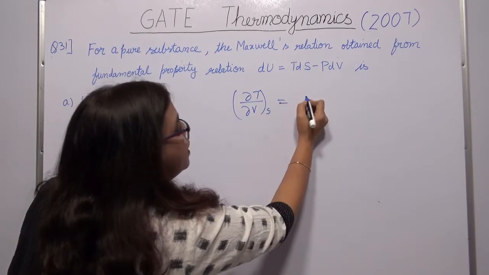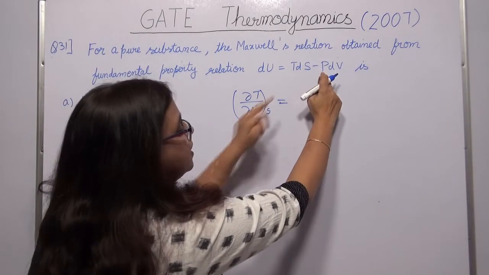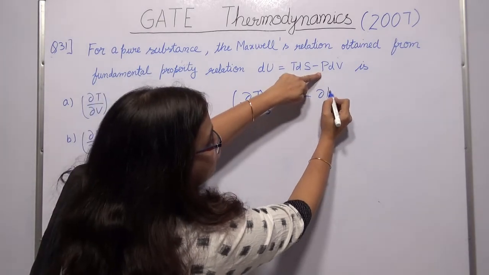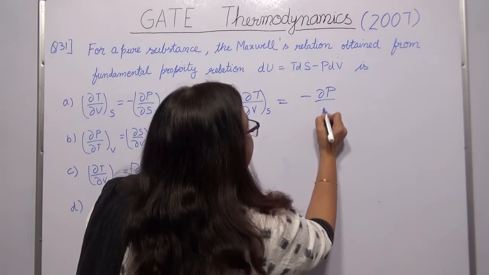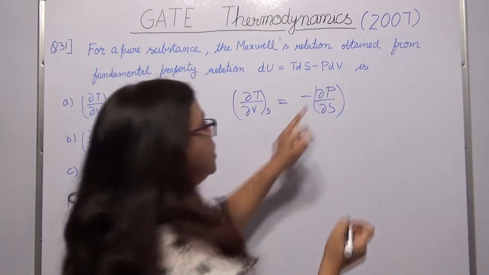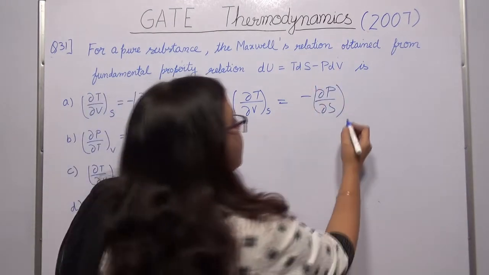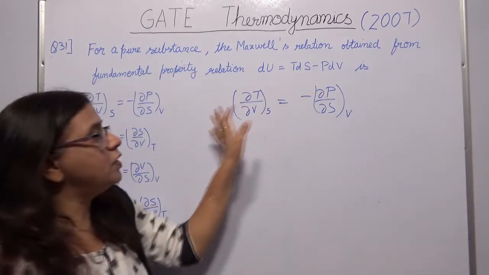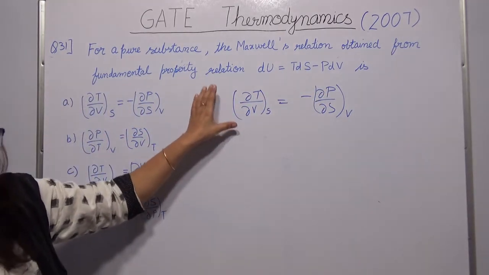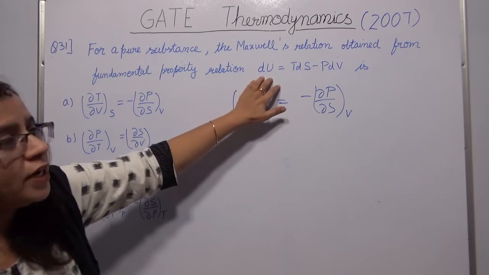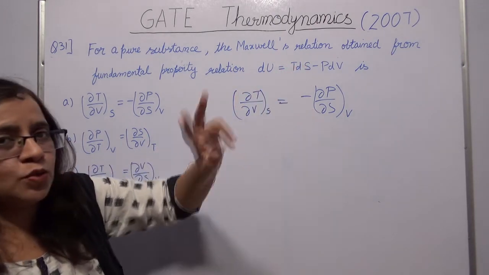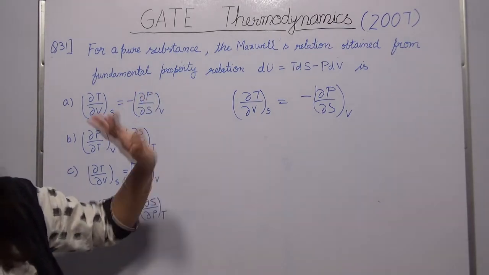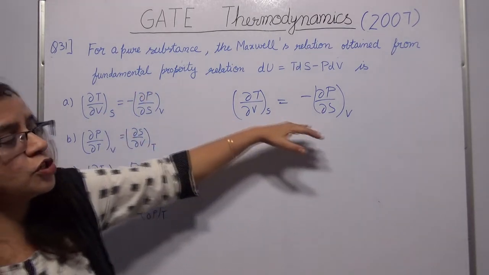That will be equal to minus, take the partial derivative of this coefficient with respect to this variable, so it will be del S, and then hold this variable constant. This is how you can very quickly write down your Maxwell relations. You do not have to take the derivative of these twice and then equate it. That will waste your time. So this is a shortcut.